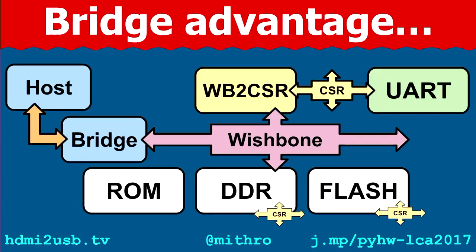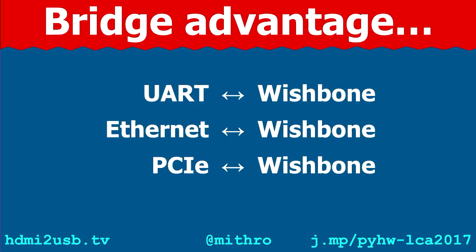So the other thing that LiteX and MeGen give you is the ability to create a bridge to your host computer which lets you directly write into the Wishbone bridge that connects everything. And they have different ways to do that. You can do it over UART, which is kind of slow. You can do it over Ethernet, which is a gigabit. Or you can even do it over PCI Express if your board has PCI Express.